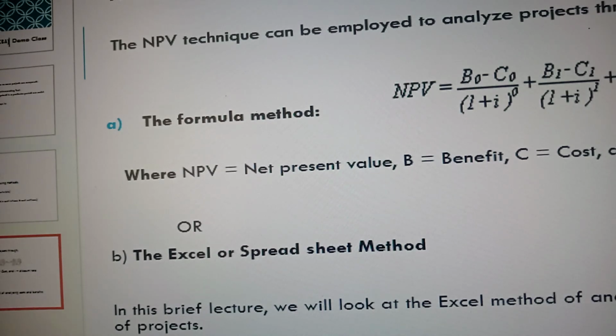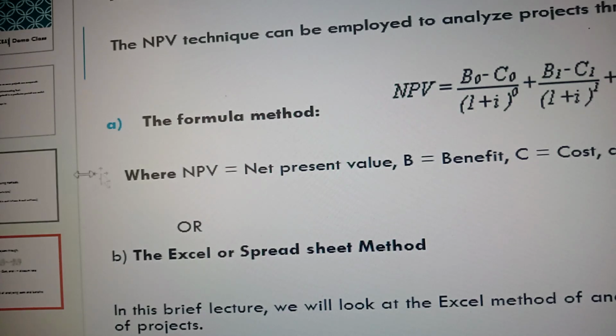If in the formula you see T, it stands for any period in the future, the nth year. So it could be 5 years, it could be 10 years, whatever years in the future. The formula takes care of whatever years costs are incurred and benefits are recognized.